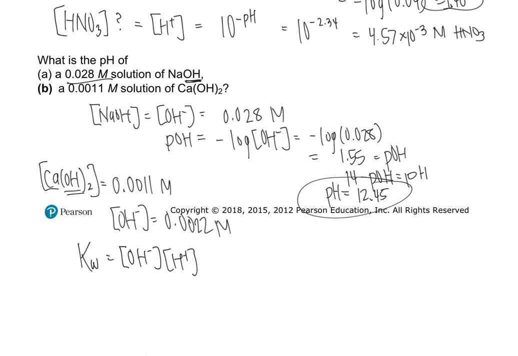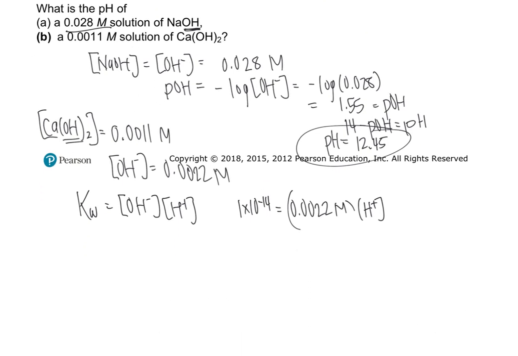So we know hydroxide, so 1 times 10 to the negative 14 equals 0.0022 molar times hydrogen ion. So we'll divide 1 times 10 to the negative 14 by 0.0022. So my hydrogen ion concentration equals 4.54 times 10 to the negative 12.